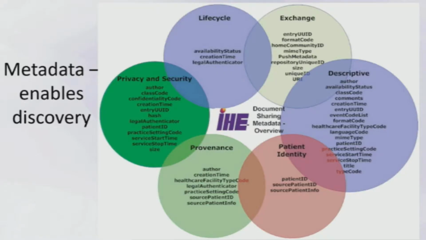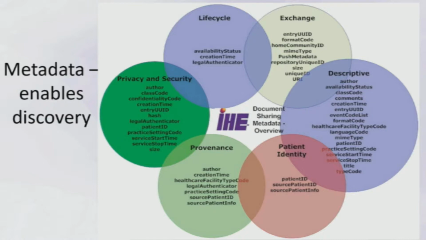So what is XDS metadata? It's a bunch of elements that help you use, discover, search, and sort documents. It's metadata about the document. There are various reasons why you would use it.